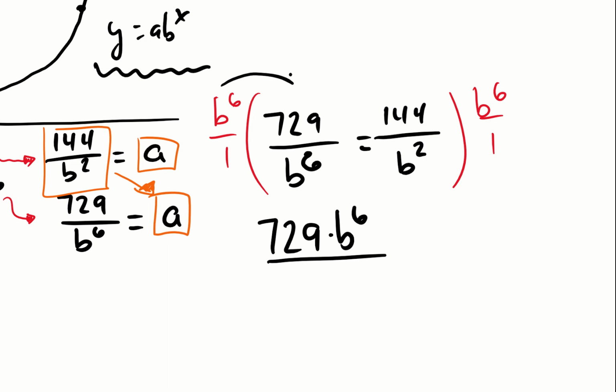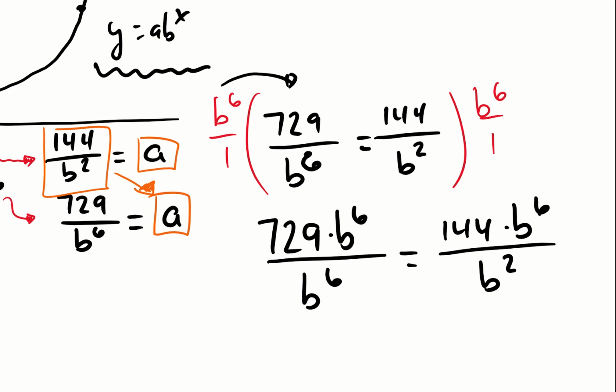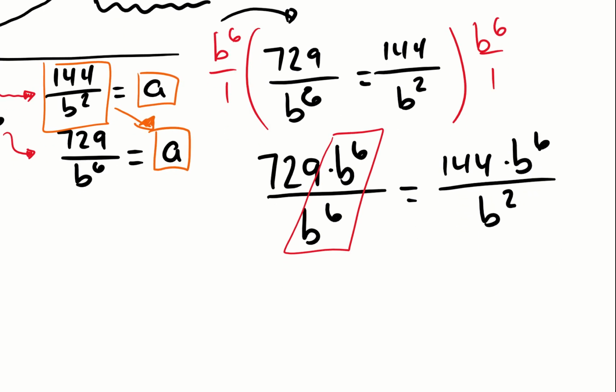I pushed across a factor of b to the 6th in that numerator, and it's over b to the 6th power. Over here I've got 144 times b to the 6th power over b to the 2nd power. Now over on my left-hand side, you can see I've got this giant one, b to the 6th over b to the 6th, which leaves me with just 729.